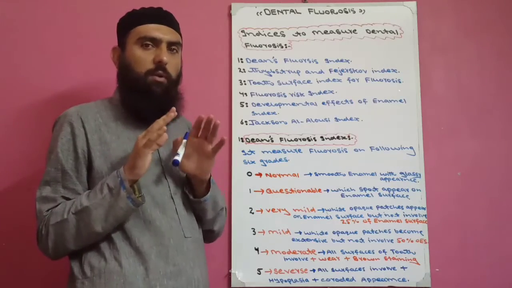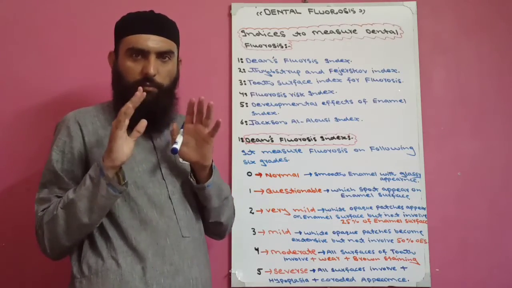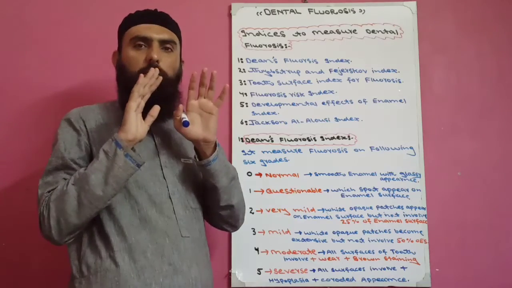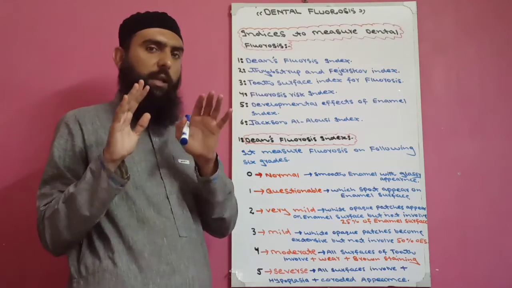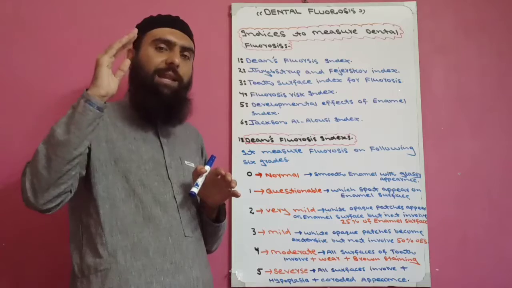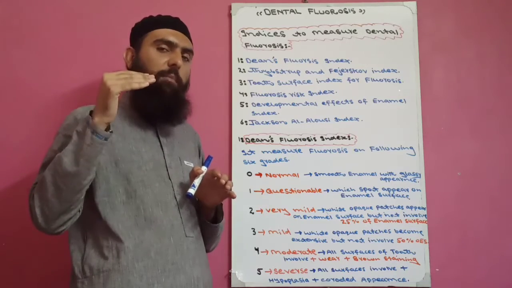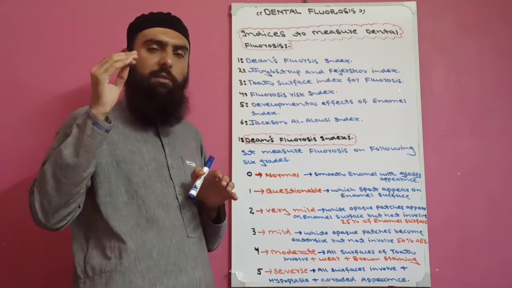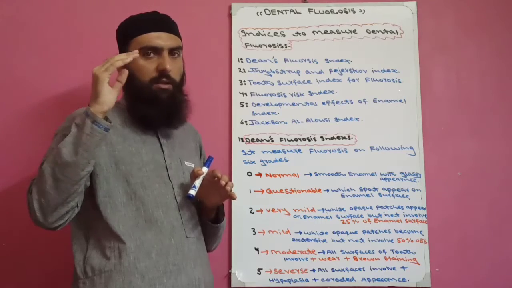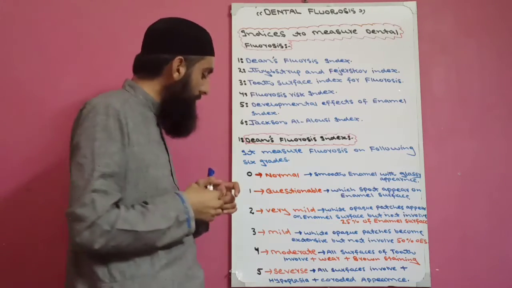In very mild fluorosis, white opaque patches appear on the enamel surface but do not involve 25% of the enamel surface. That means there will be less involvement of the enamel surface, less than 25%.